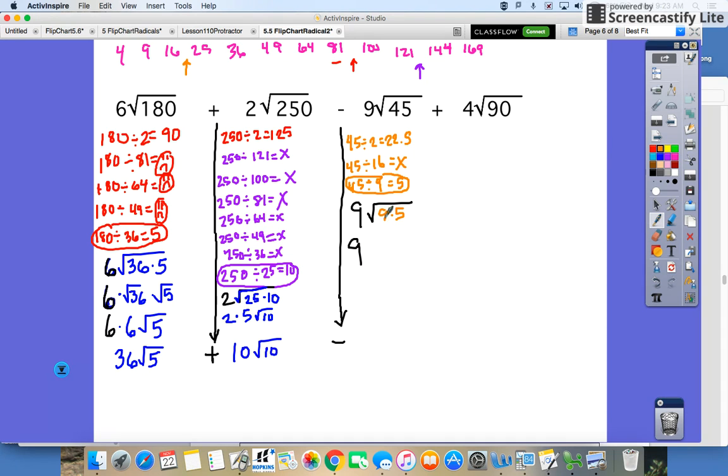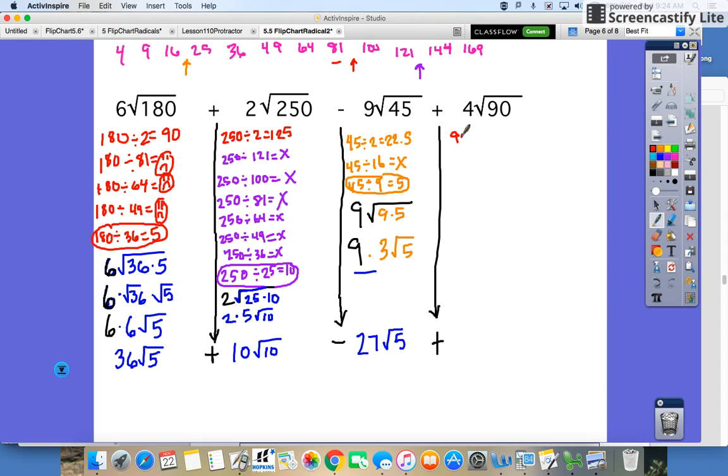The square root of 9 is 3, so 9 times 3 times the square root of 5, which is 27 square root 5. And then this one, bring down that plus sign, and we do the same thing one last time.